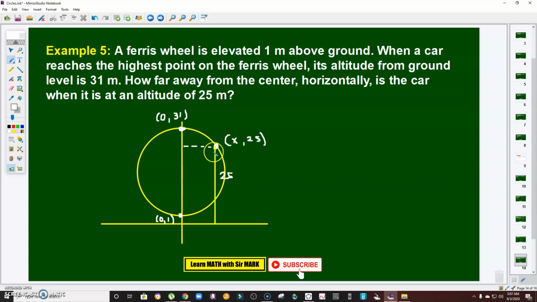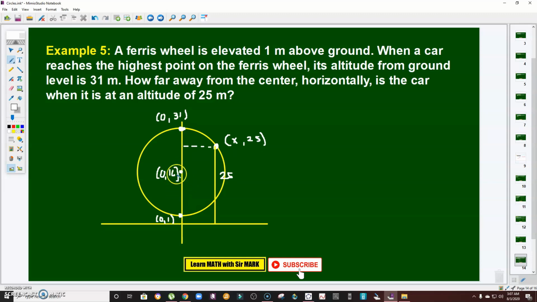Okay. So, now, what do we need to get this? Since it is a circle, we can actually get the center based on the illustration, right? So, from 0, 1 and 0, 31 are the endpoints of my diameter. So therefore, my center is 0, 16. See that? 0, 16. Okay?